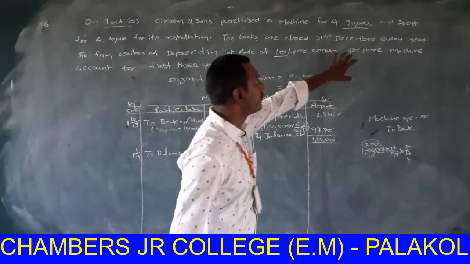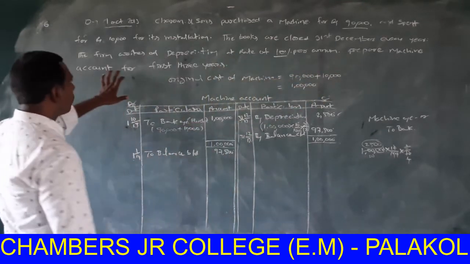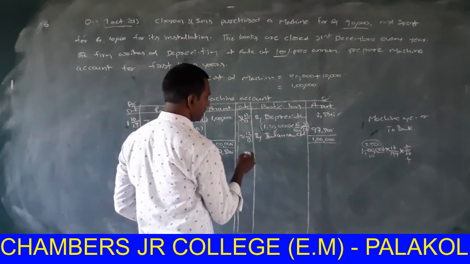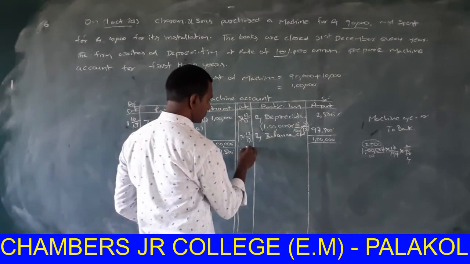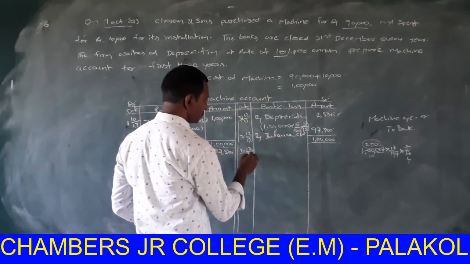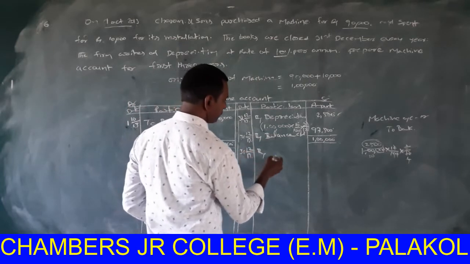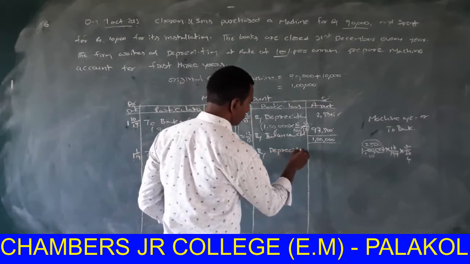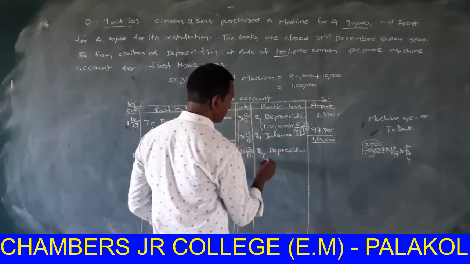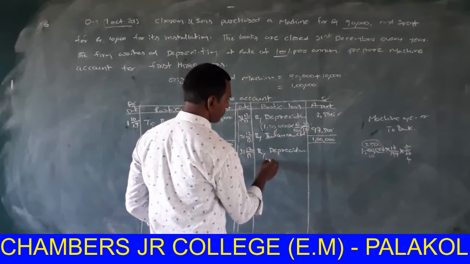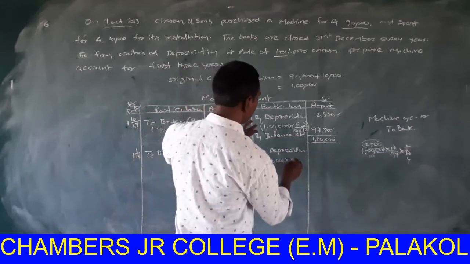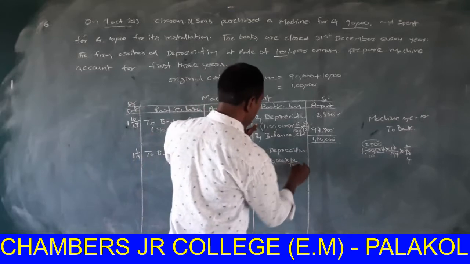Here we prepare the machine account for the first 3 years. This is the first year and this one is the second year. On 31/12/2014, by depreciation, 1 lakh into 10 by 100.